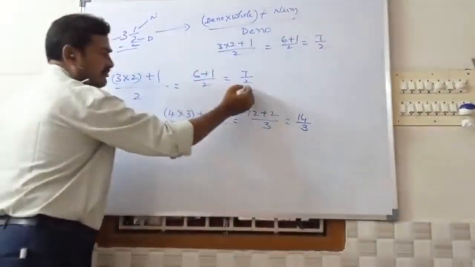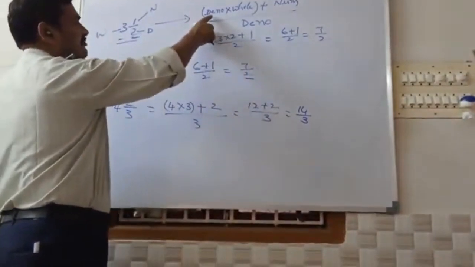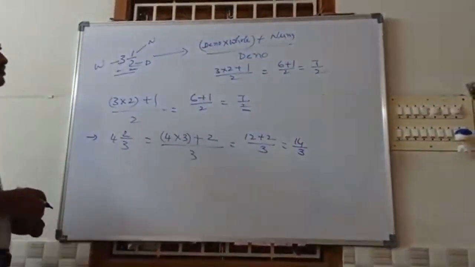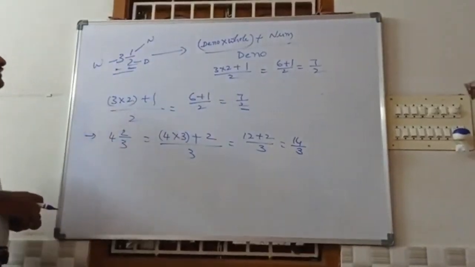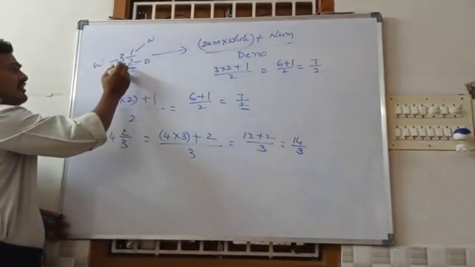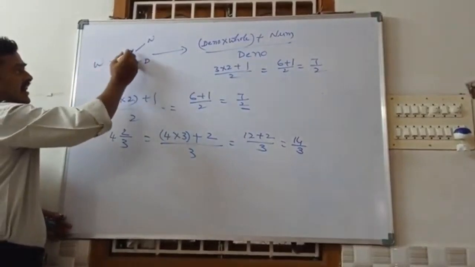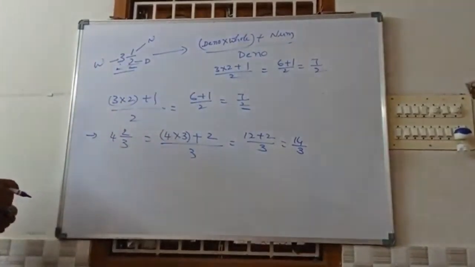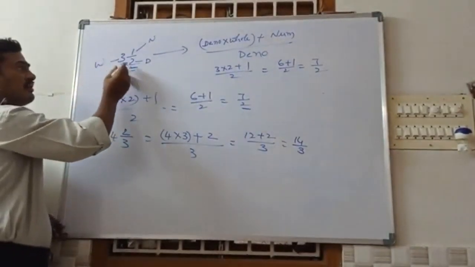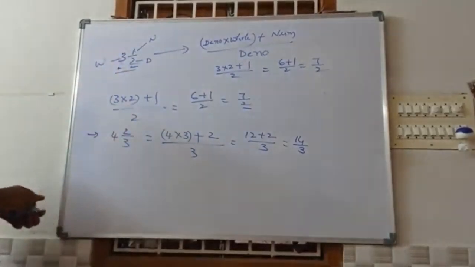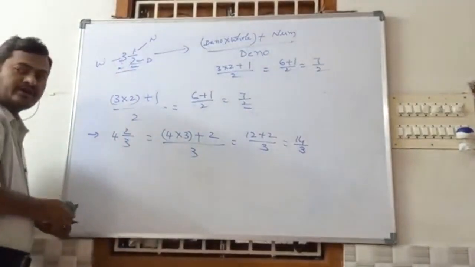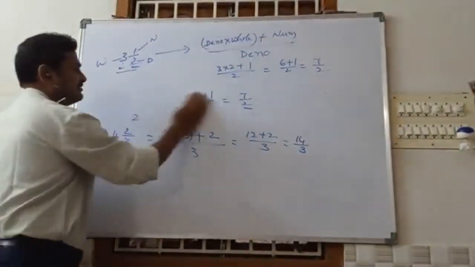How will you get this 7 by 2? By using this formula, we convert a mixed fraction by multiplying the whole number and the denominator and adding the numerator. So 2 into 3 or 3 into 2 plus 1 by 2. Like this we convert a mixed fraction into an improper fraction.